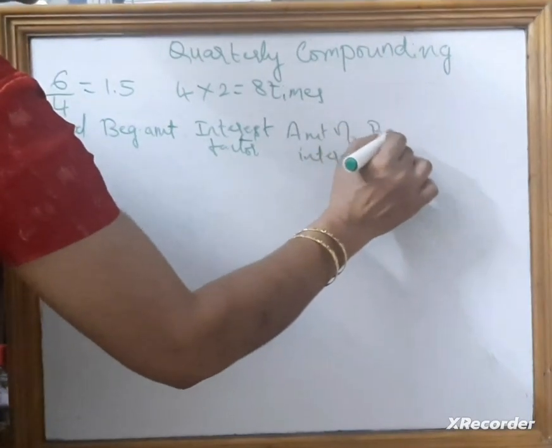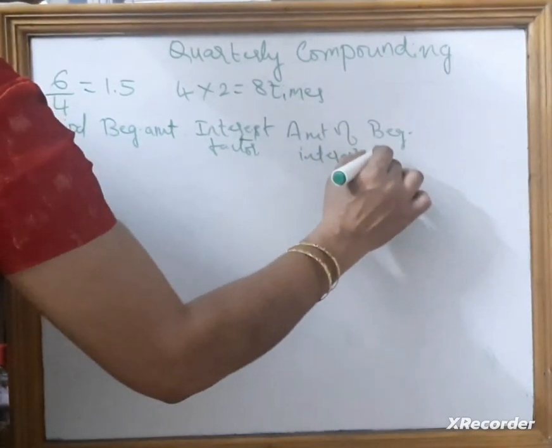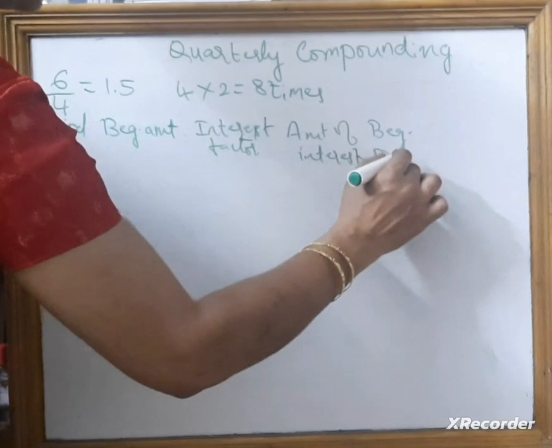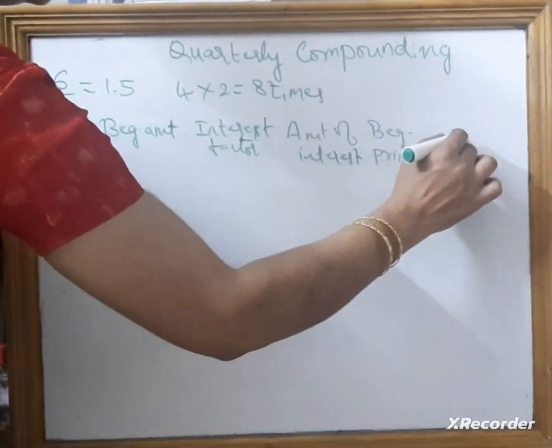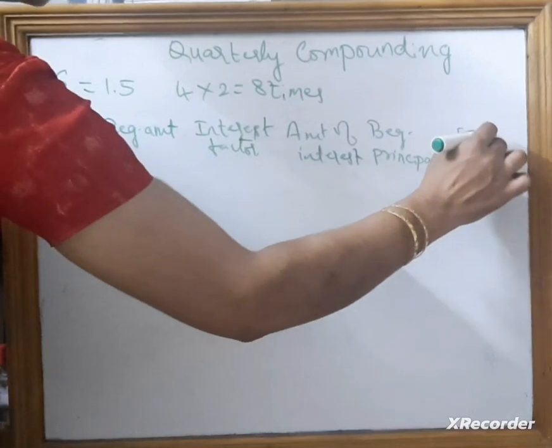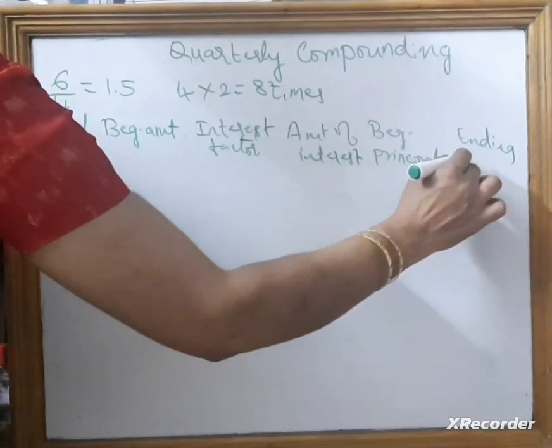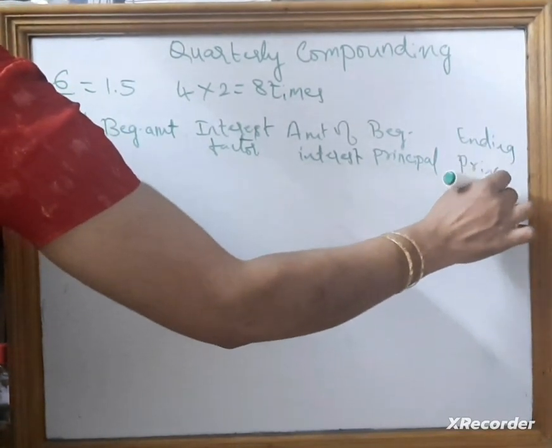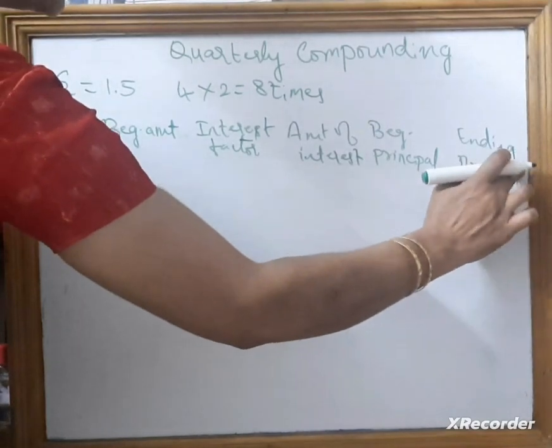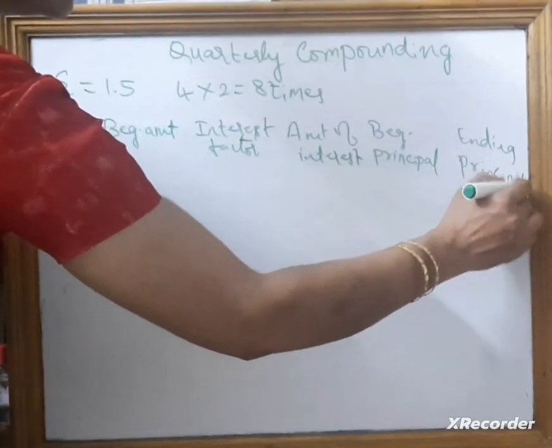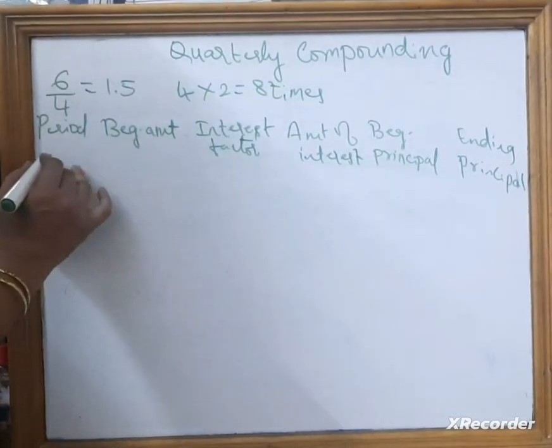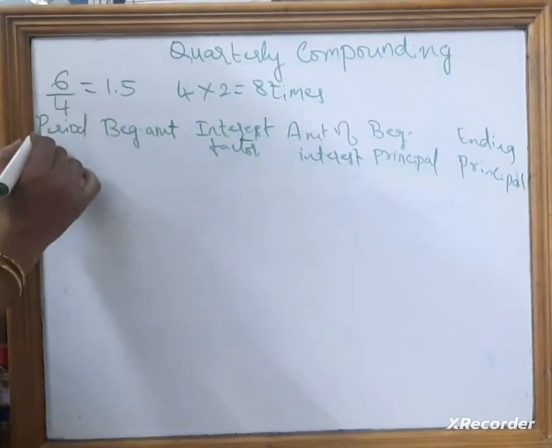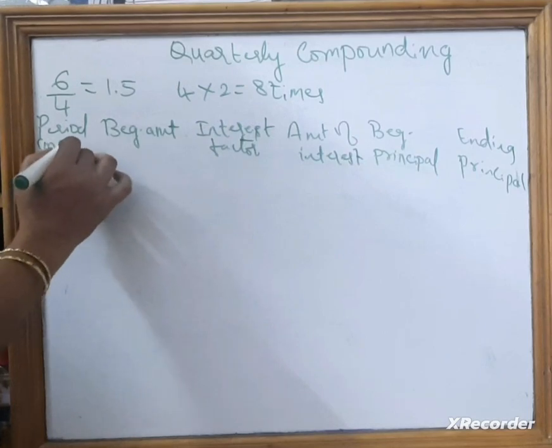In the last problem I wrote this horizontally. Now I am writing this vertically, and the ending principal. We will calculate it for 8 times. That is in months.